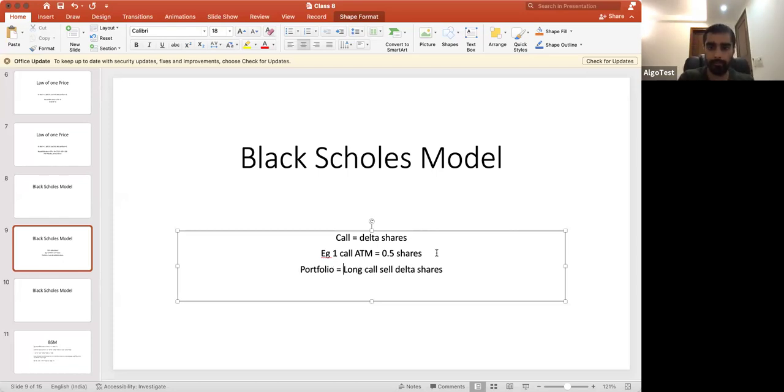So I buy a call and then I sell delta shares. Okay. So what should the value of this portfolio be in the future? Who can tell me what should be the value of this portfolio in the future?